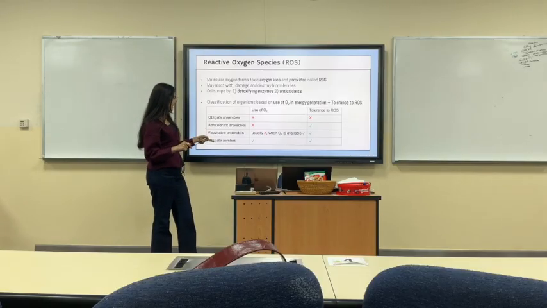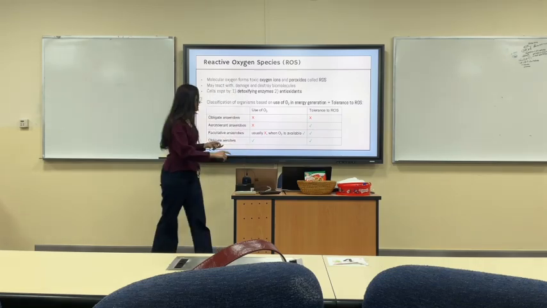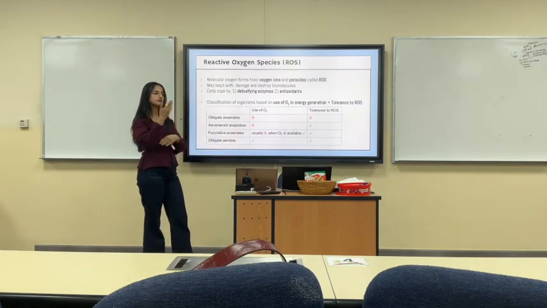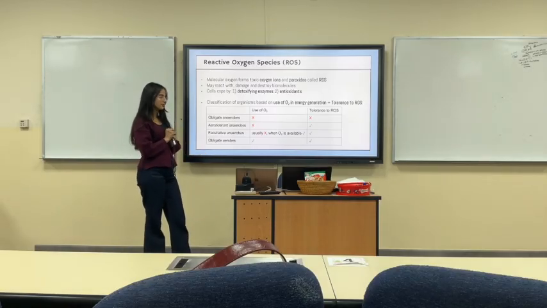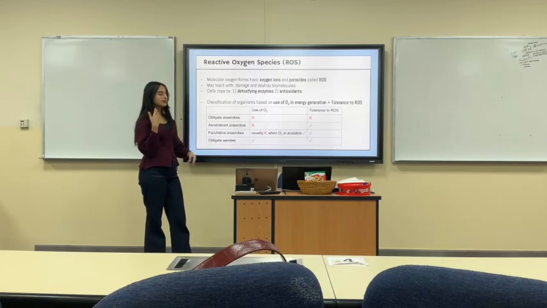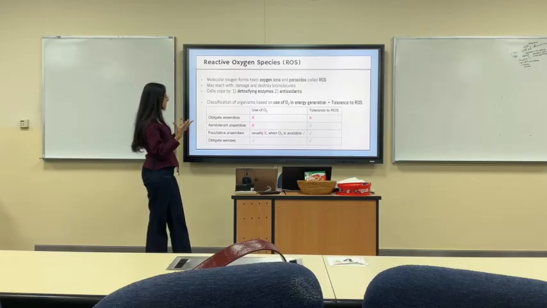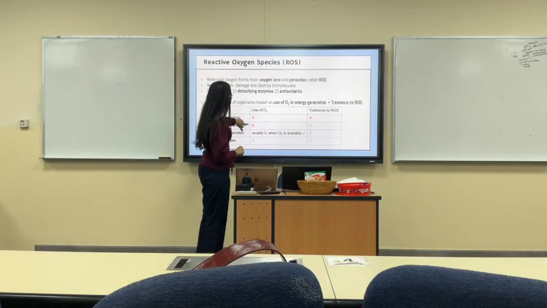Then facultative anaerobes, which usually don't use oxygen, but if oxygen is available, they may use it to produce extra energy, and they're tolerant to reactive oxygen species. And obligate aerobes, which are humans and animals, which require oxygen for survival and have developed multiple antioxidants and detoxifying enzymes to be tolerant to reactive oxygen species.